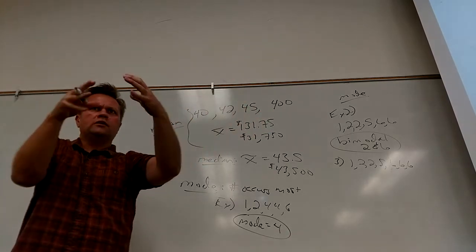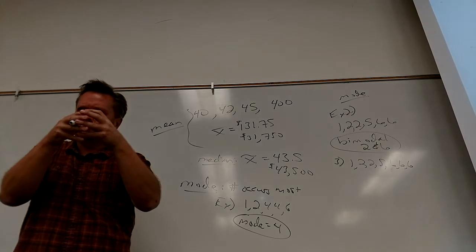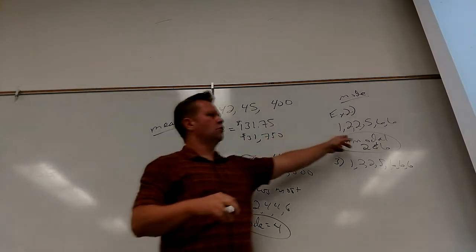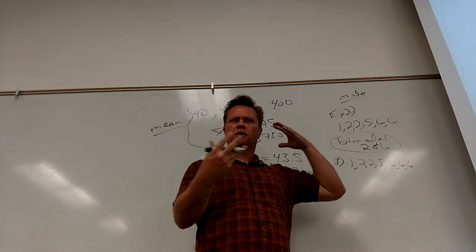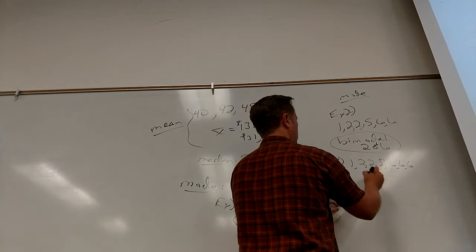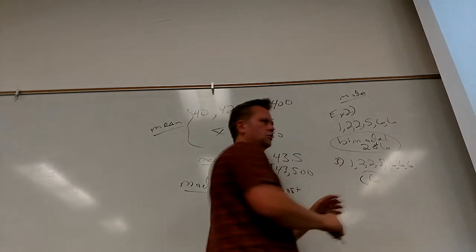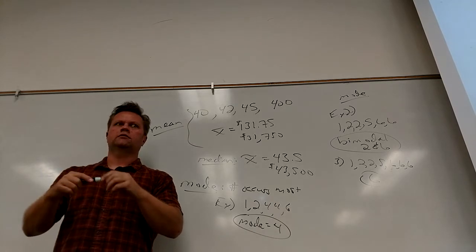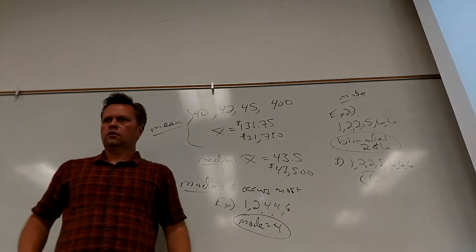You're trying to figure out where the data seems to cluster. Where's it clustering? So that's what the mode does. It's a different way to measure the center of something, where things seem to be clustering. So this would be just 6. Unimodal. Like unicycle. Bimodal. I like it.